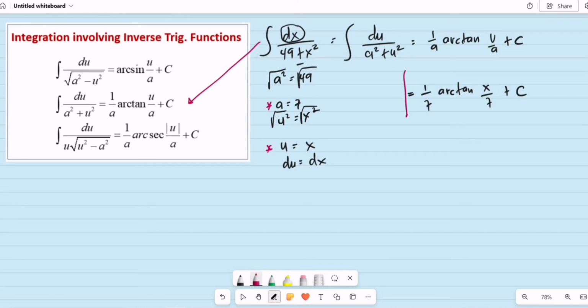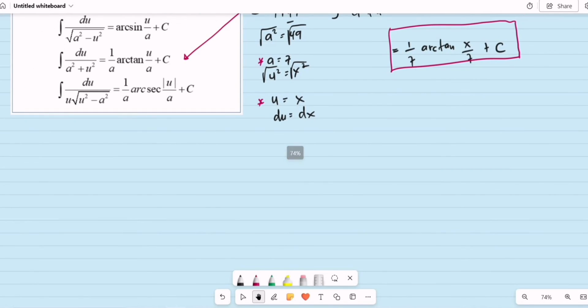So this will be our final answer for, I think, the fourth example. We have 1 over 7 arctan of x over 7 plus c.